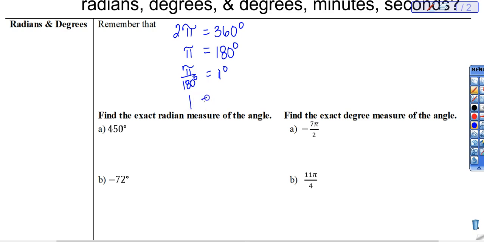And then the other one that's really important for us to remember is this one. If I have 1 radian, what's that in terms of degrees? And I mean exact degrees, not the approximate 57 degrees and some change. I'm talking about the exact answer. So how do I go from 2 pi equals 360 degrees all the way down to 1 radian? What did I divide my radians by? I divided by 2 pi.